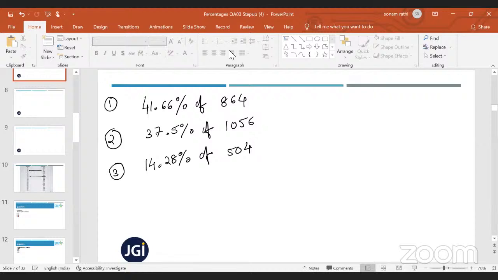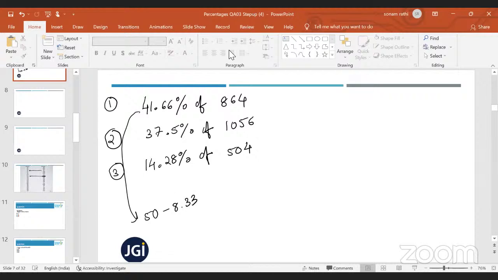How can I break down 41.66? 33.33 and 8.33, or 50 minus something. Now think, 50 minus what? 50 minus something. 50 minus 8.33. Very good. So I can break down 41.66 as 50 minus 8.33.